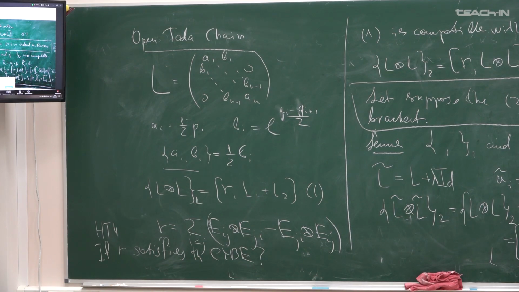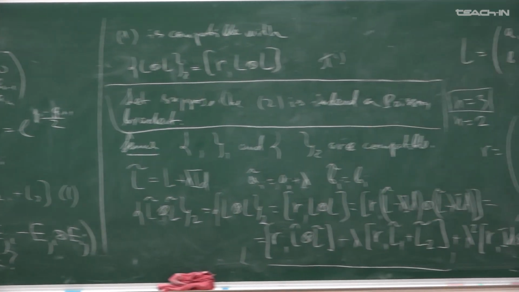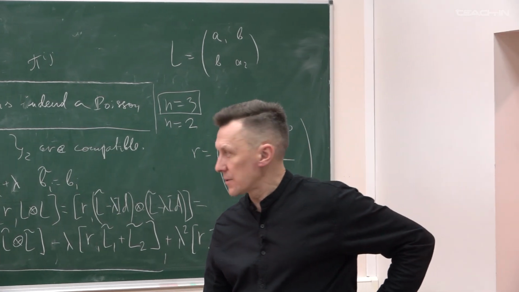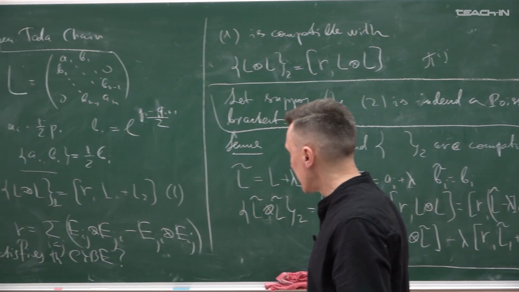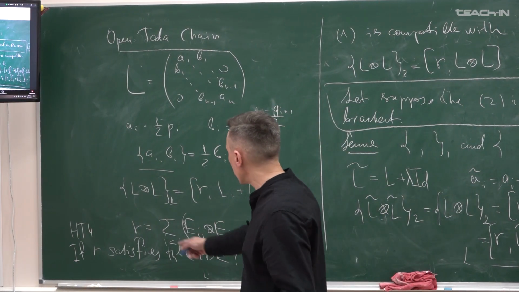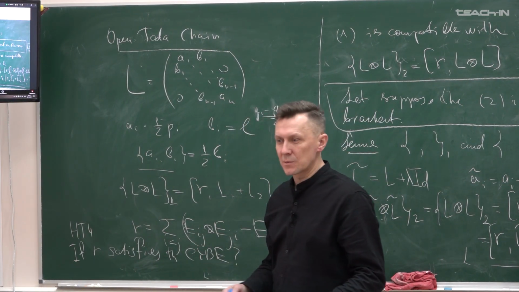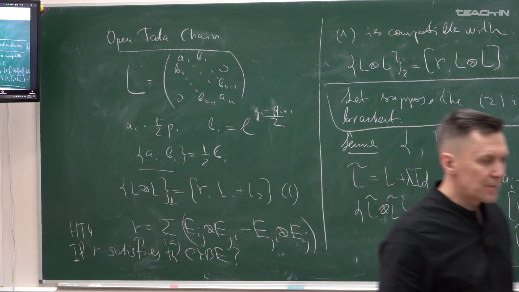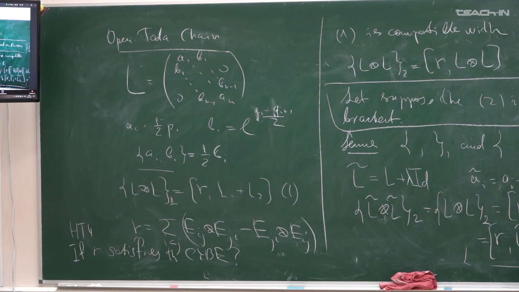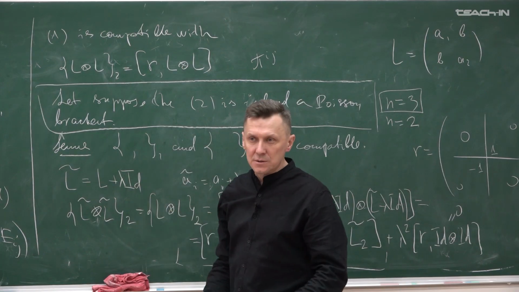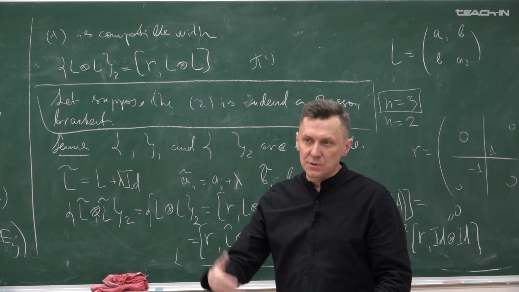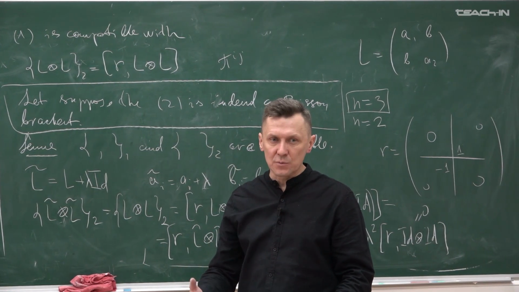Okay, we finished for today. You have many things to calculate and verify, namely whether this R satisfies the classical Yang-Baxter equation. There is a general statement that if this matrix satisfies the classical Yang-Baxter equation, then this formula is a well-defined Poisson structure.